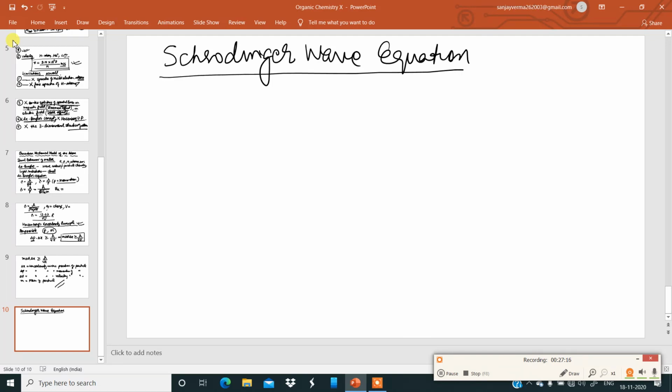Schrodinger developed a mathematical equation named after him, which describes the behavior of the wave function associated with atomic particles. He considered electrons as three-dimensional waves.